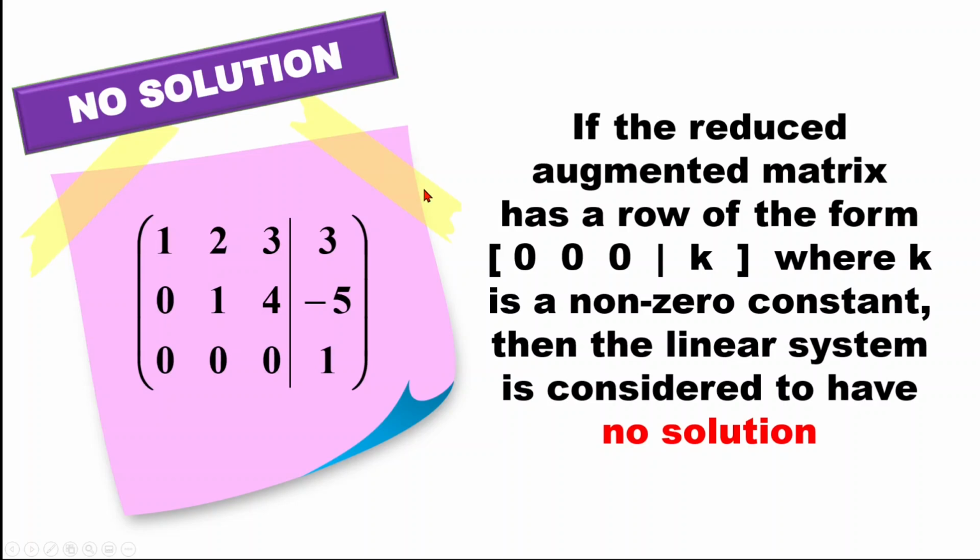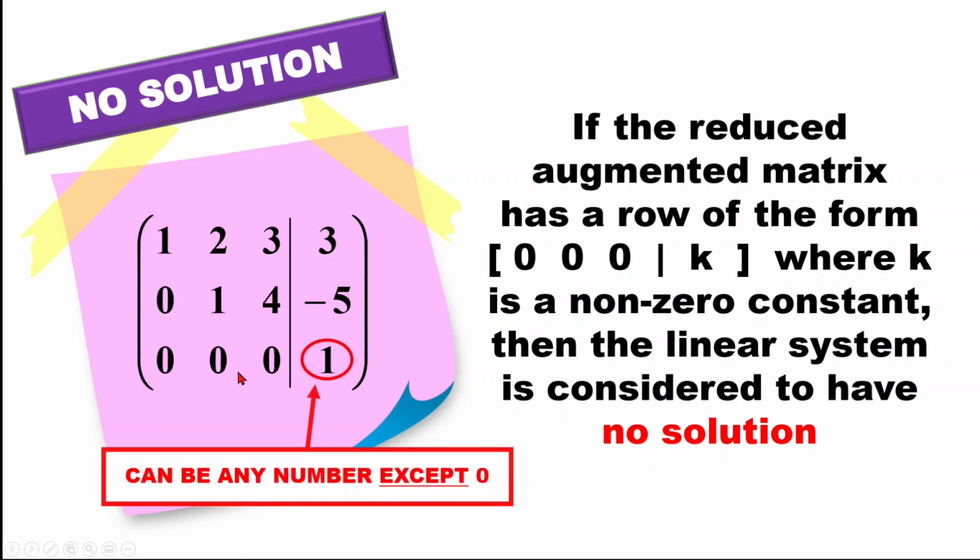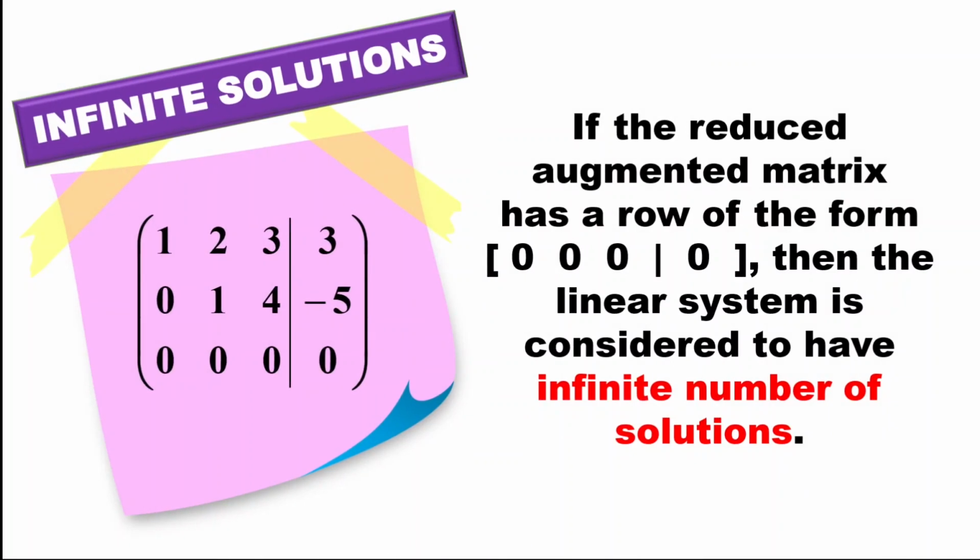If a matrix has no solution, you will notice that all the values here will be 0, but the n values here, because the formulas given are 0, 0, k, where k is a non-zero constant, which means the n value here cannot be 0. It can be any number but 0. Okay, so in this situation, we call this matrix has no solution. This system has no solution.